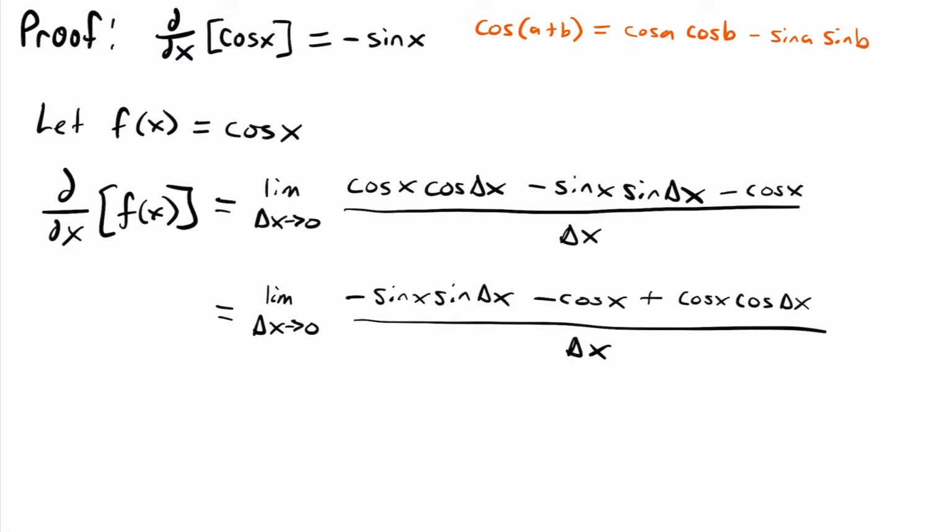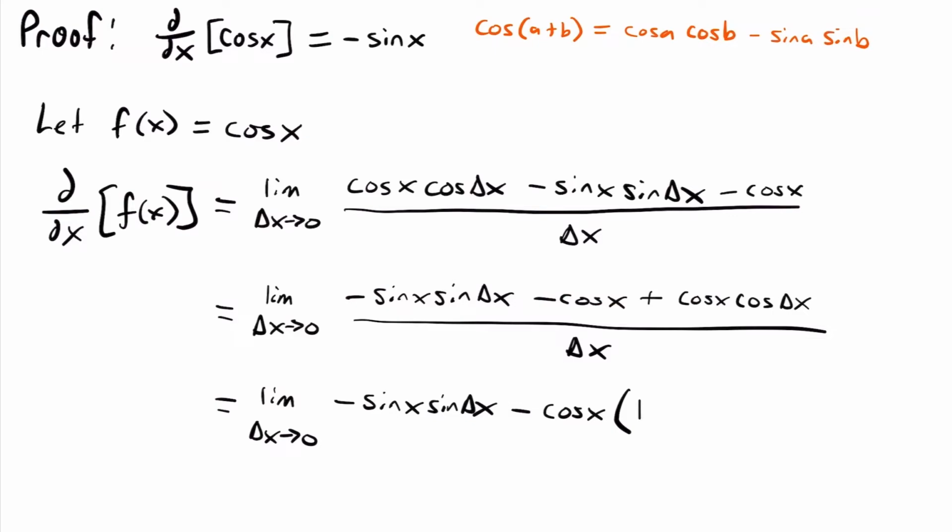And so what we can do here now is notice that these two terms have a common factor of negative cosine x that we can pull out. And so if we do that, we'll have that this is equal to the limit as delta x approaches 0 of negative sine x times sine of delta x minus cosine of x times, right, we pulled negative cosine x out of this first term here, so we're going to be left with 1.